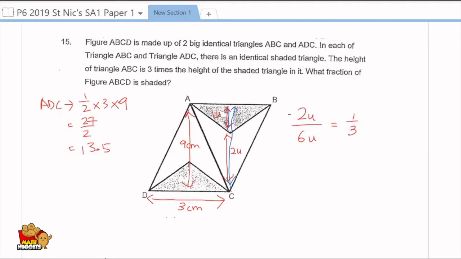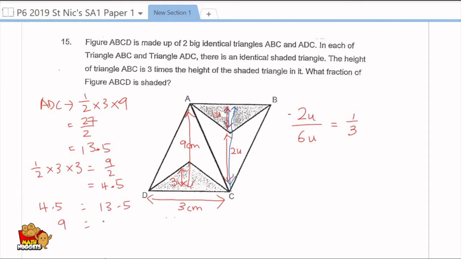And if this was 9, this part will be 3. So the shaded part will be half times 3 times 3, which is 9 out of 2, which is 4.5. So if you see 4.5, you compare it to 13.5.